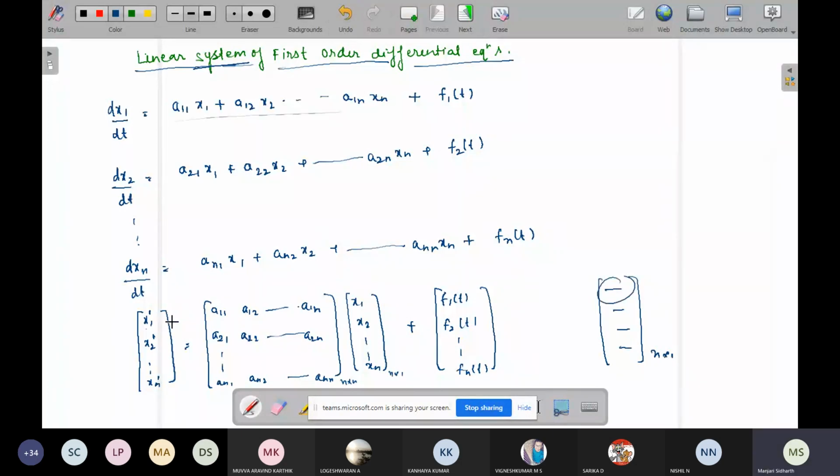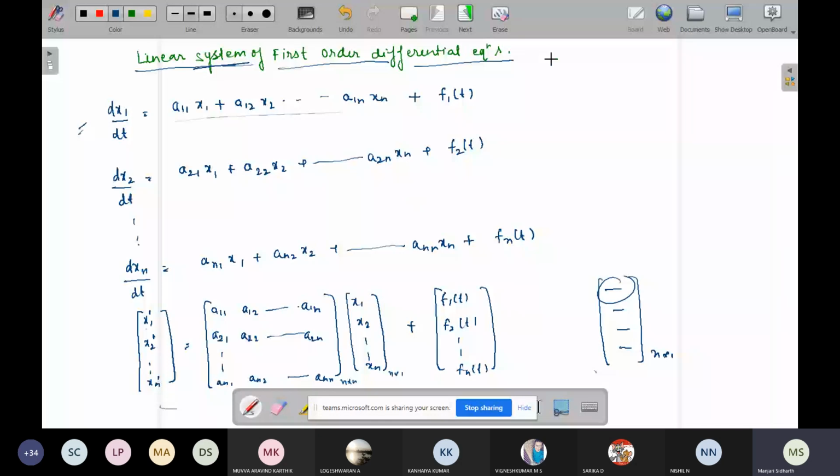When you compare the components of both matrices, you will get the same differential equations. So for each system of first order differential equations, you can always write a matrix form.